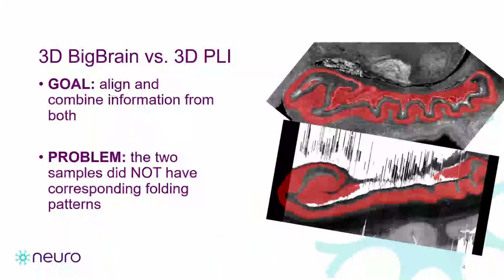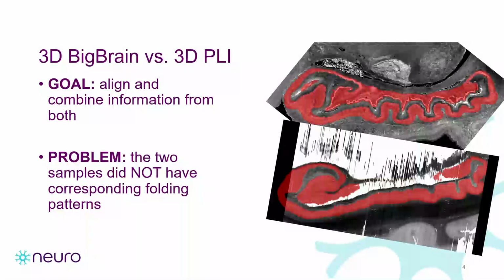As I said, we now want to take our PLI dataset, which is at the bottom in this image, and fuse it to the original 3D BigBrain, our very high resolution full brain model. What you might notice is that I've highlighted the gray matter of the hippocampus here, and in the folding patterns, there's not necessarily the same number of folds, or they're not in the same position.